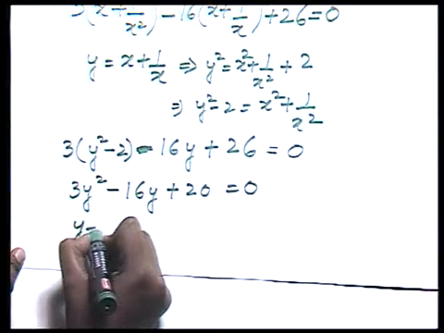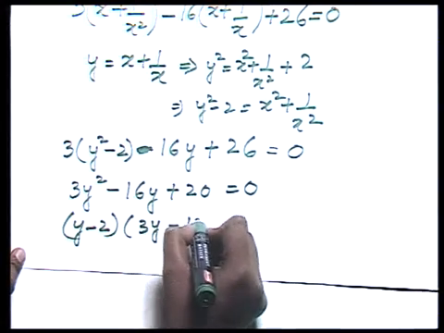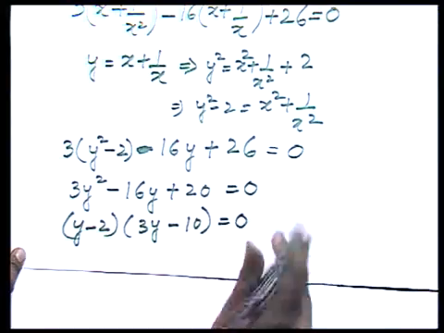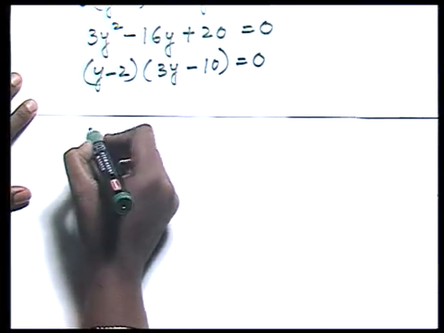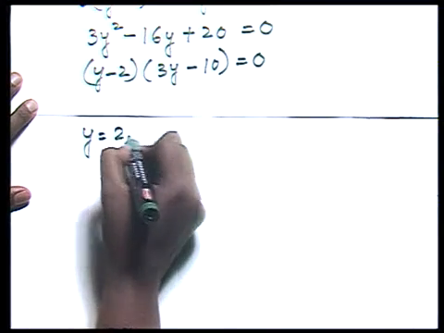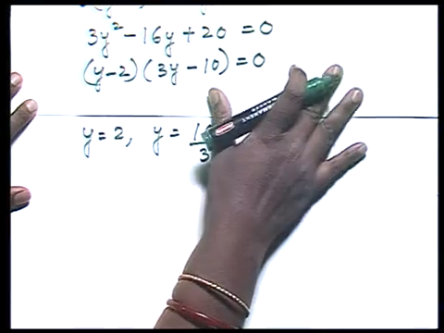Can you tell what will be the factors of this equation? Yes, the factors of this equation will be y minus 2 into 3y minus 10 equal to 0, and hence we get two values of y, that is y is equal to 2 and y is equal to 10 by 3.